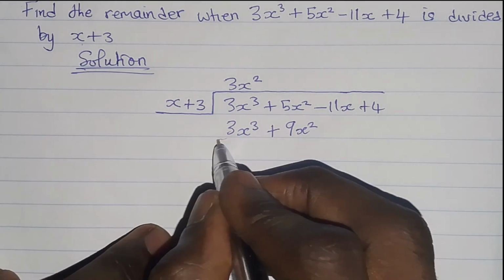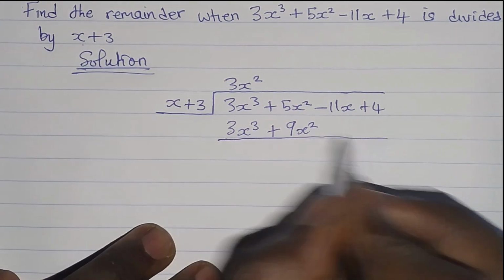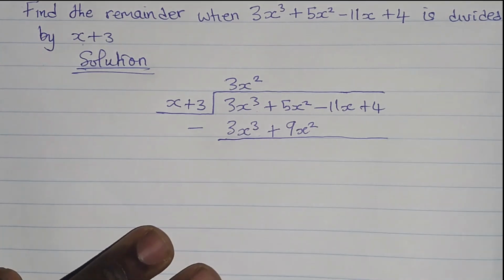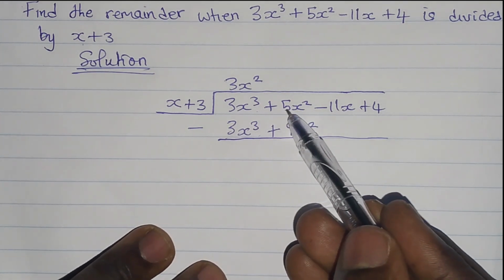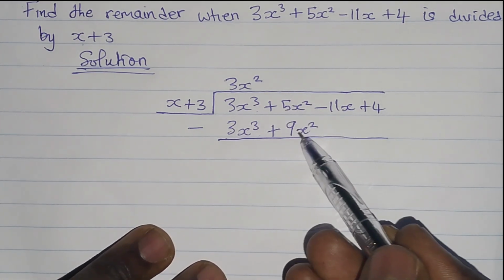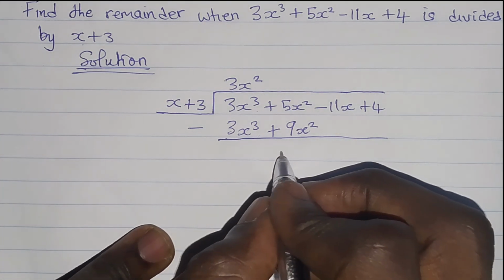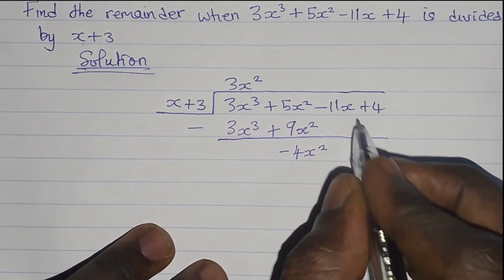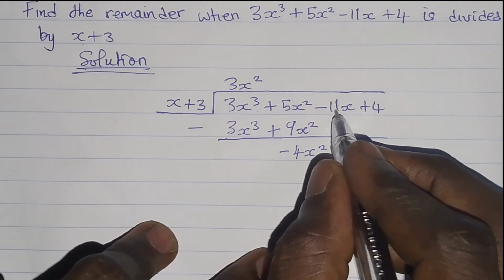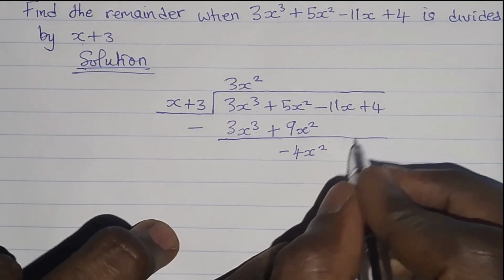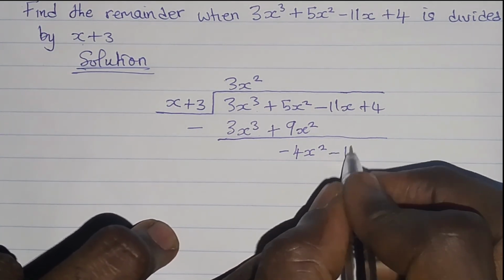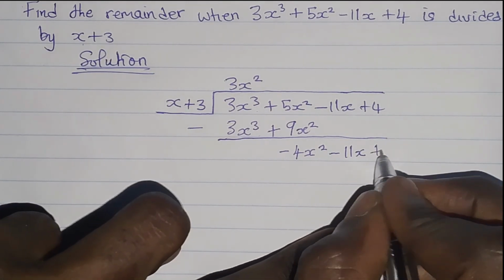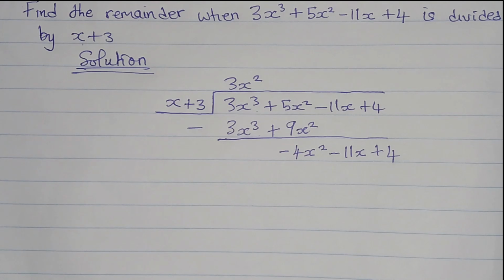Alright, so once we get to this point, all we have to do is to subtract. 3x cubed minus 3x cubed, that's gone. 5x squared minus 9x squared would give us minus 4x squared. The 11x is subtracting nothing, subtracting 0, so it comes down, it becomes 11x. And 4 is also subtracting 0, it comes down, it becomes 4.